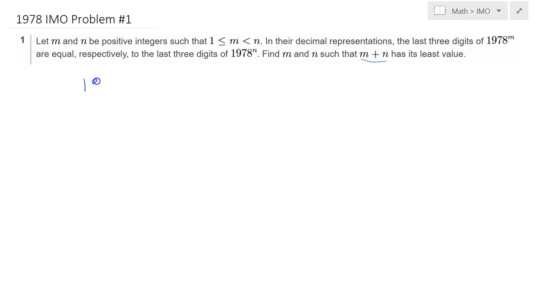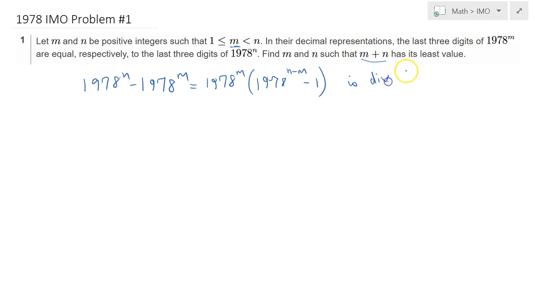Let's have a look at first this difference, 1978 to the nth power minus 1978 to the mth power, which is equal to, factoring out 1978 to the mth power, knowing that m is less than n, 1978 to the power m times (1978 to the power n minus m, minus 1), and we know this quantity is divisible by 1000, which is, by the way, equal to 2 cubed times 5 cubed, right?